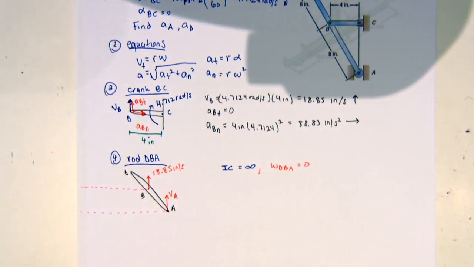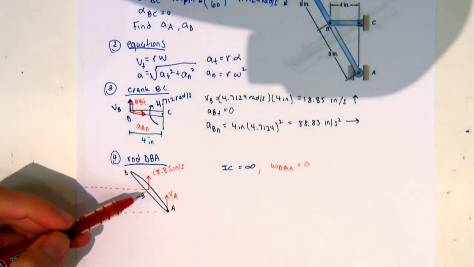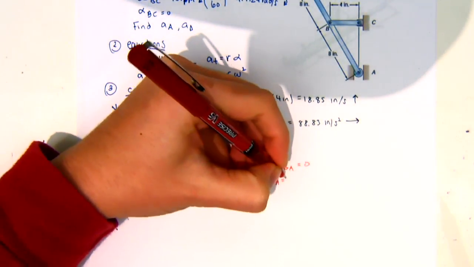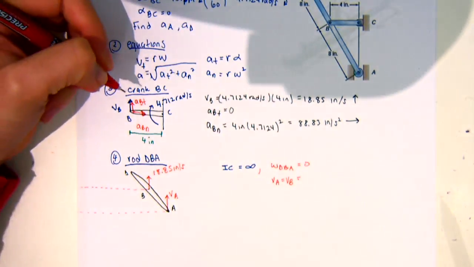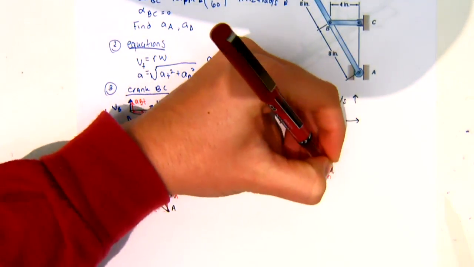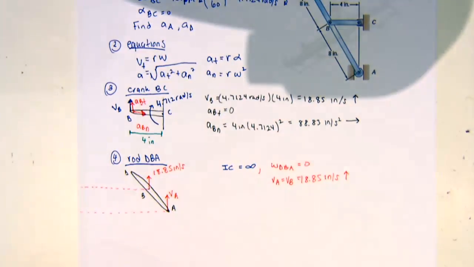So again, we only have translation, we don't have rotation. And so if it's only translating, we can say that VA is equal to VB, which is equal to 18.85 inches per second going up. So we found the velocity of point A.